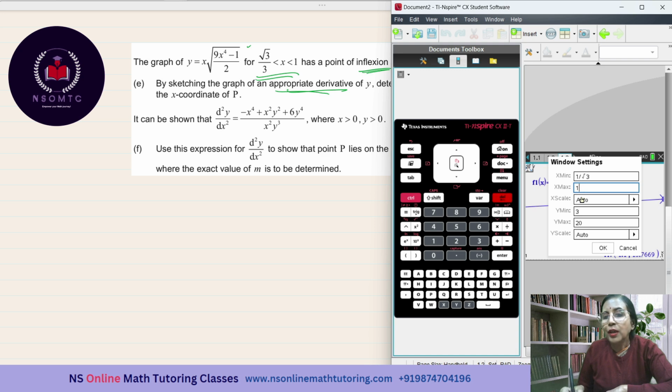What am I doing? Okay. X min is 1 divided by square root of 3, and the x max is 1. And let me take the y min as -1, because I need the 0, and let this remain as 20, or I can just take it as 10.